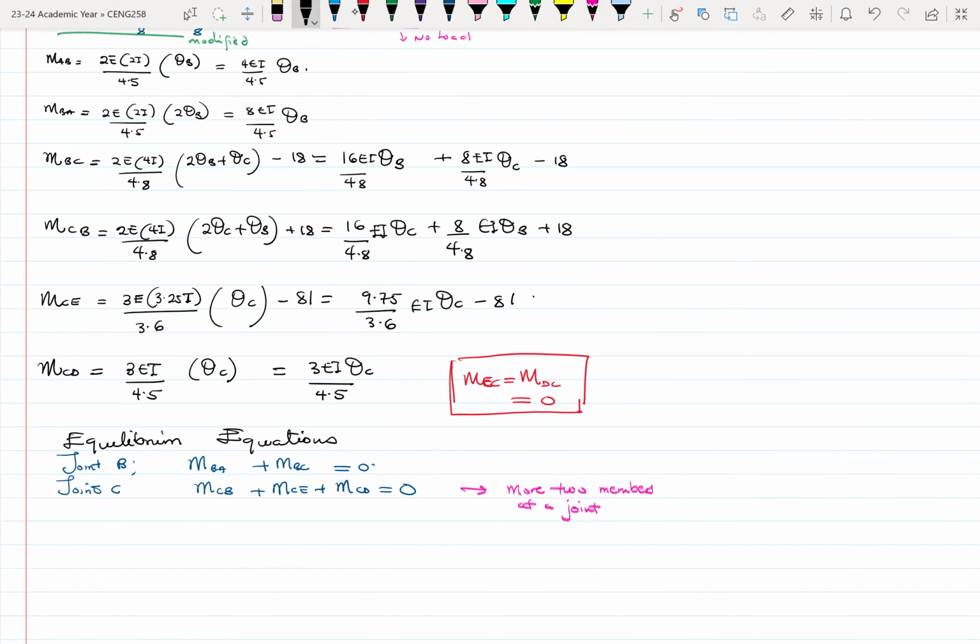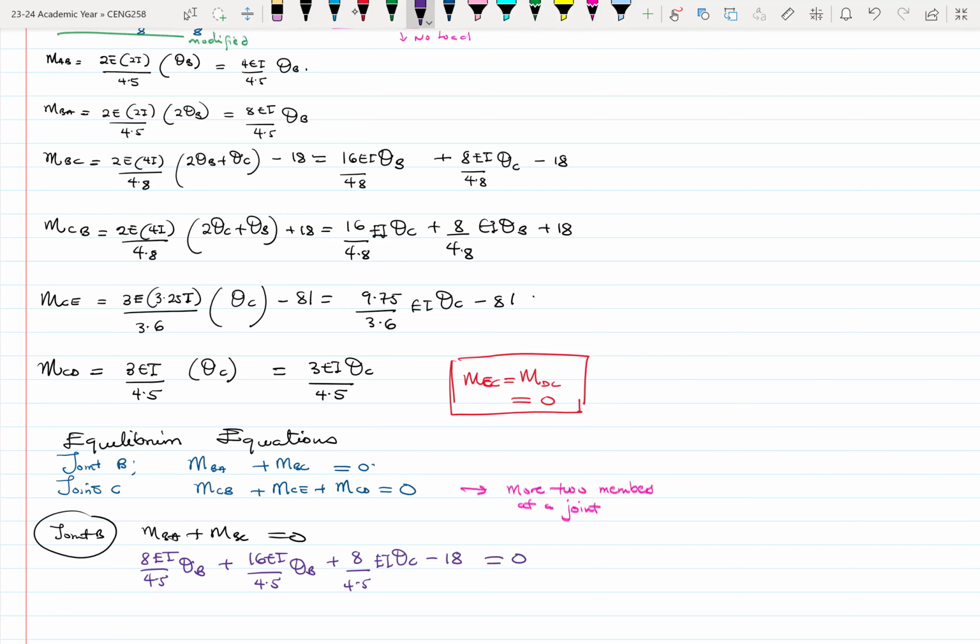Let's look at joint B, which is MBA plus MBC equals 0. MBA becomes 8EI over 4.5 theta B plus 16 EI over 4.5 theta B plus 8 over 4.5 EI theta C minus 18 equals 0.